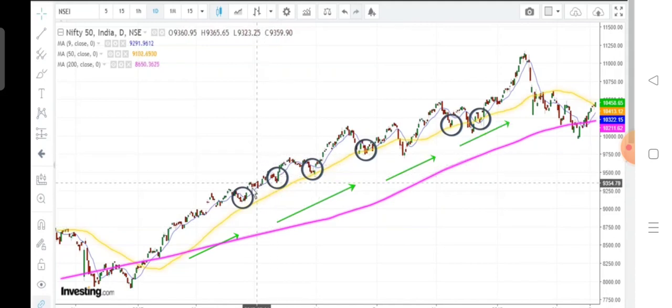That is why we are saying that if a medium term moving average is slanting upward, and the price comes close to it and does not break it, then there is a possibility that the earlier upward move may resume.